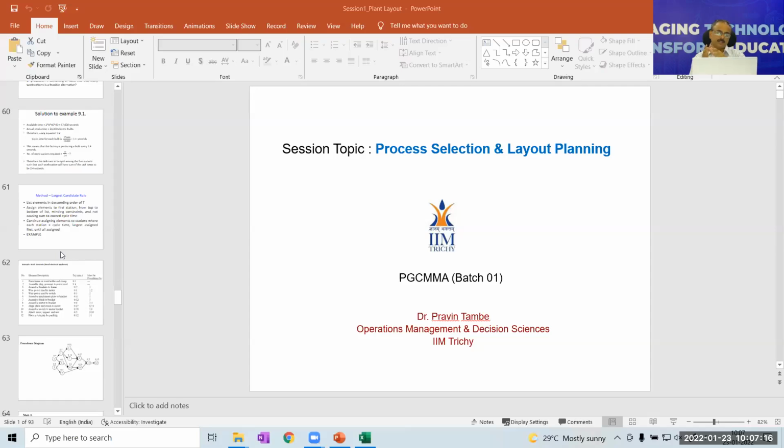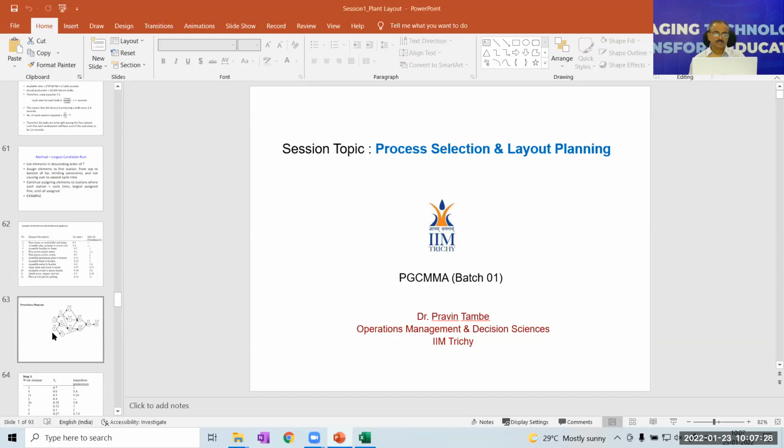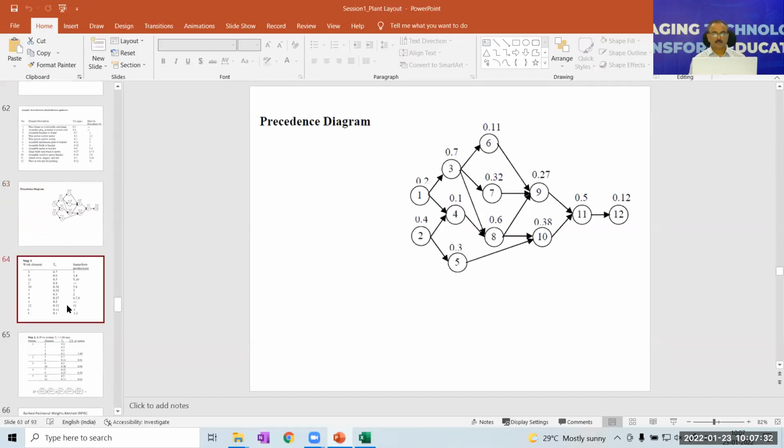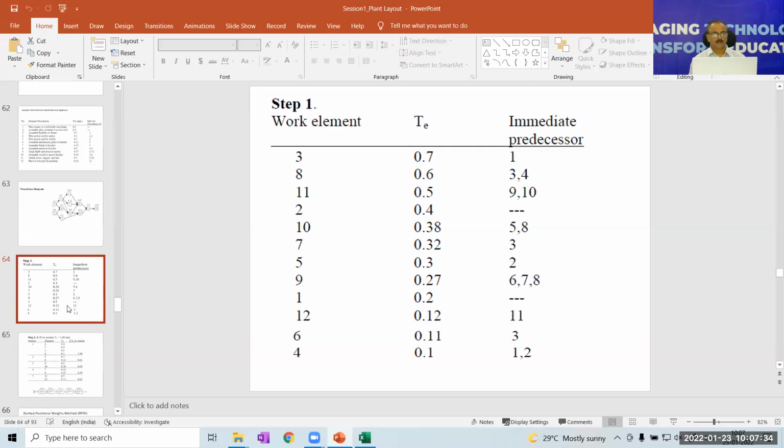And in the second, we first calculate the rank positional weight, and based on that we allocate the activities to form the workstation. We discussed this example, and based on that, we looked at how we can group the activity. It was a simple example.